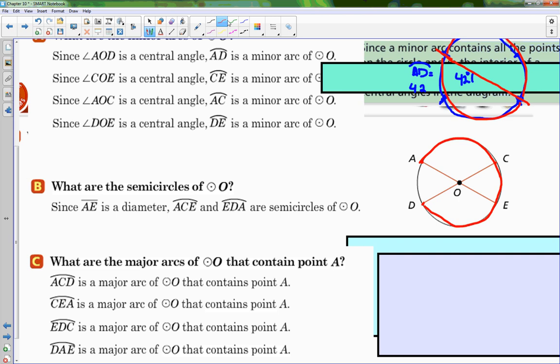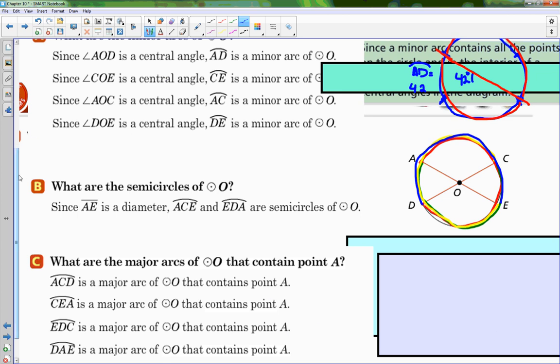CEA is a major arc. EDC. And especially with major arcs, we have to make sure that we are doing 3 points on our circle. EDC, and then DAE. So all the big ones are major, and they're pretty easy to remember.